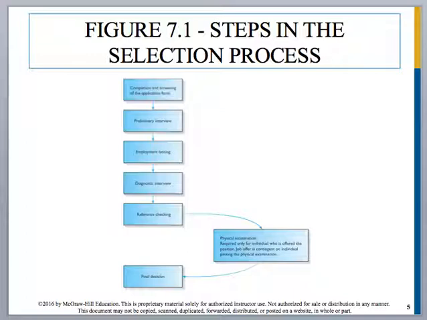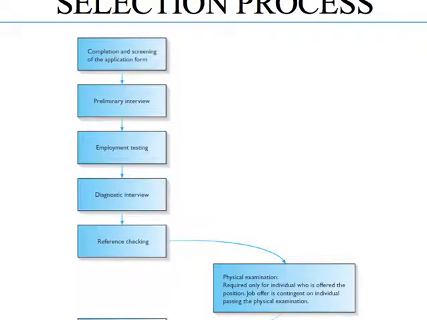So let's look at these steps. I will expand this. So we start off with the completion and screening of the application form. You do your preliminary interview, employment testing, diagnostic interview, reference checking, and then the physical examination.